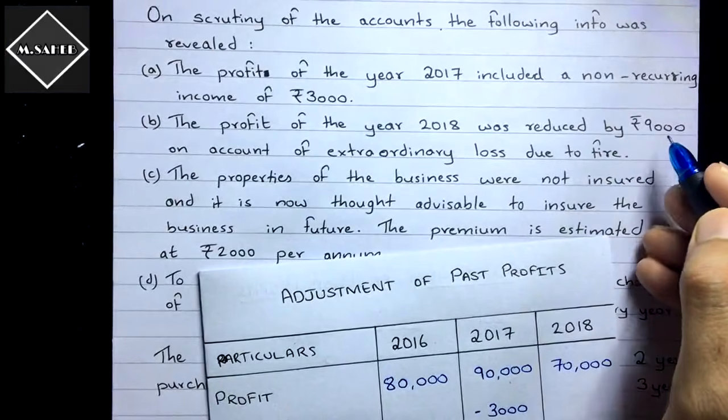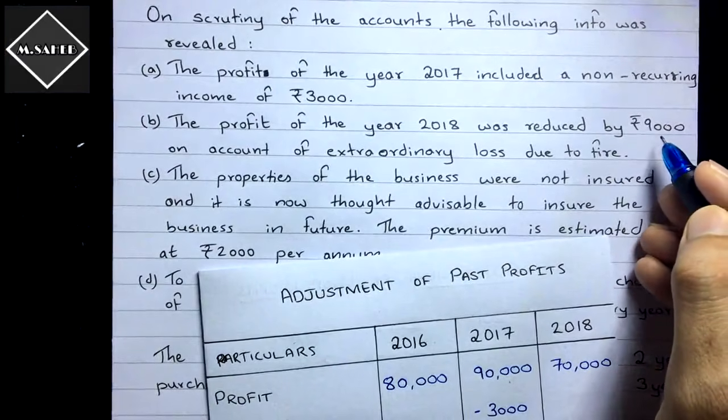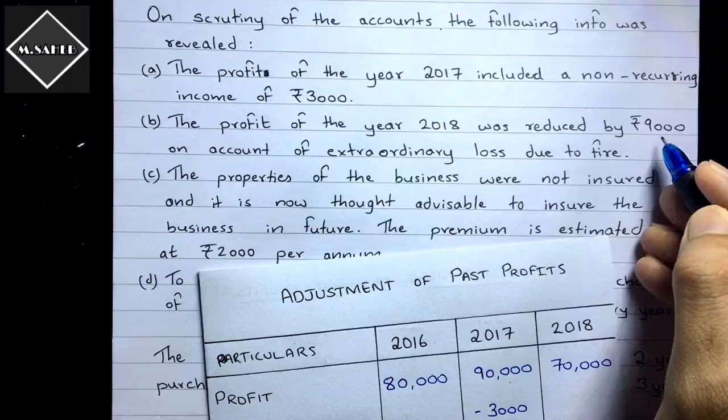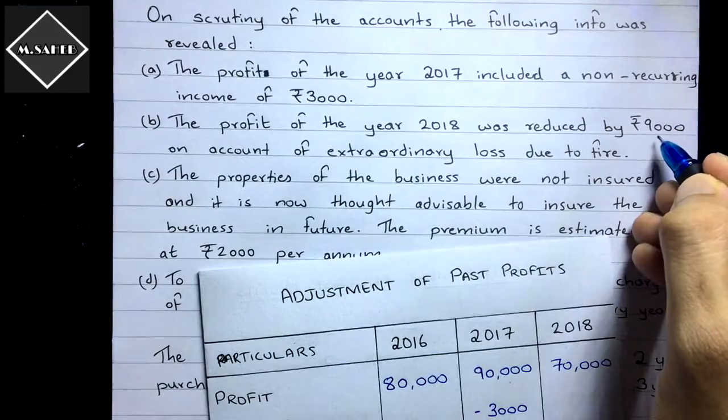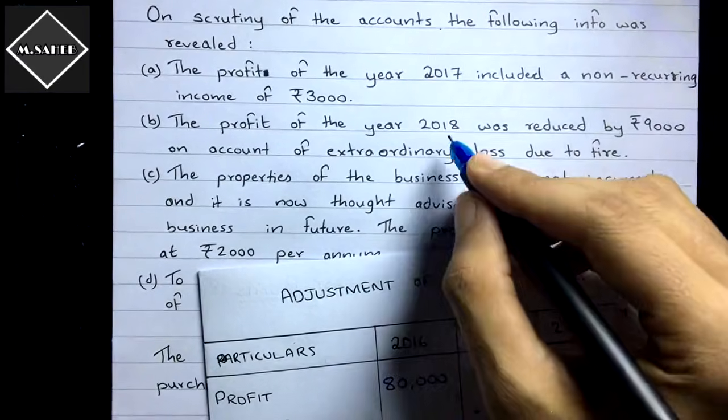But now this loss due to fire will not happen. It is non-recurring in nature. This will not happen every year in the future, right? The fire doesn't happen every year. It has happened only in 2018, right?